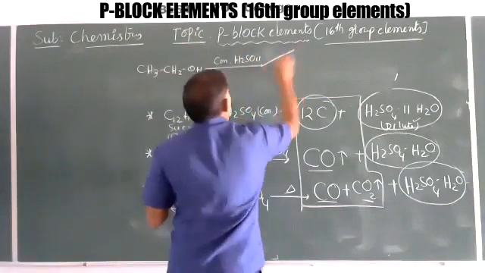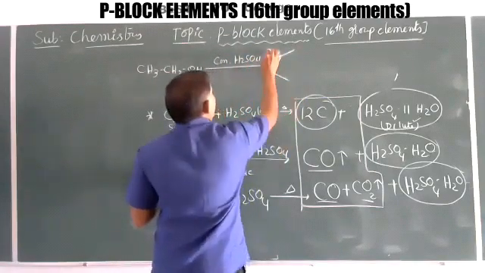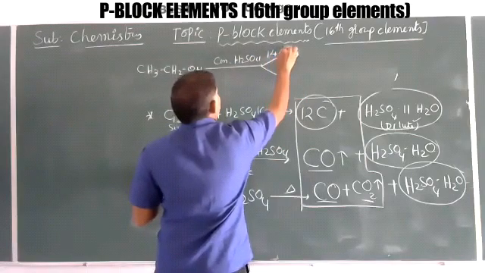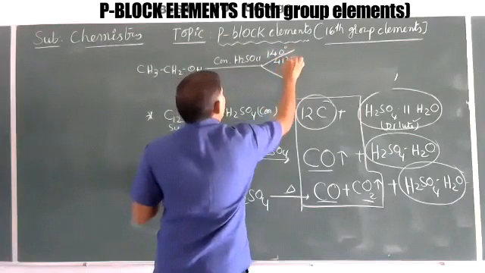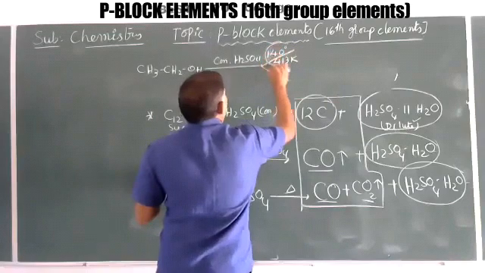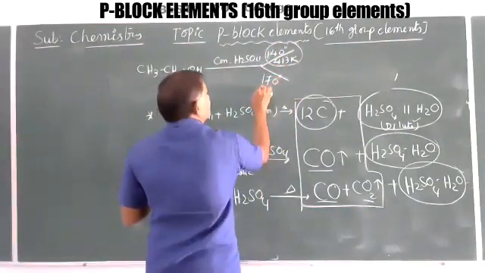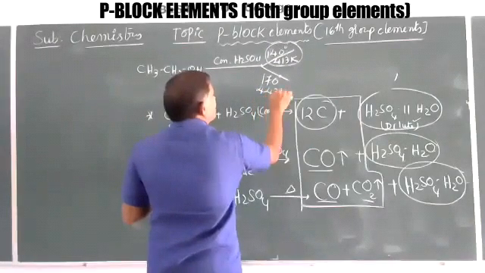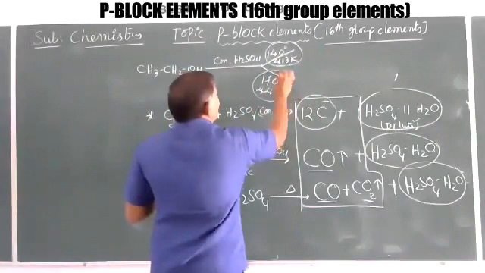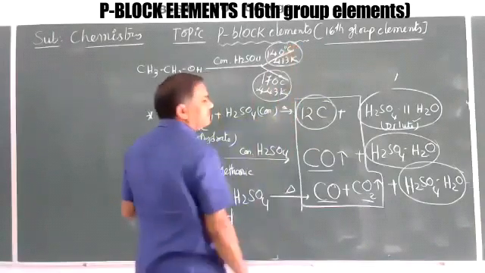Depending upon the temperature, here we can heat it to 140 degrees Celsius, that is 413 kelvins, and we will get one answer. If it is 170 degrees Celsius, that is 443 kelvins, we will get one more answer. Very, very important.